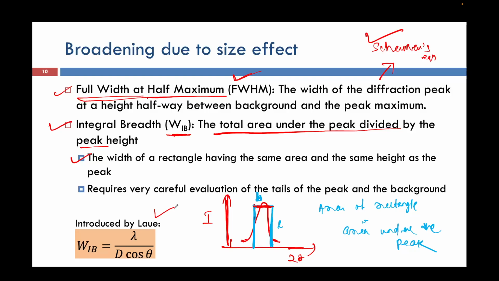You remember Laue, who gave us that concept of diffraction first, Max von Laue. Same Laue, he gave us the WIB, and when he calculated that, the terminology also came as lambda by d cos theta, same as Scherrer's equation, but Scherrer incorporated an additional factor called the shape factor, but the function stayed more or less the same.